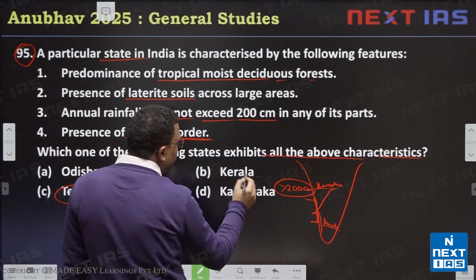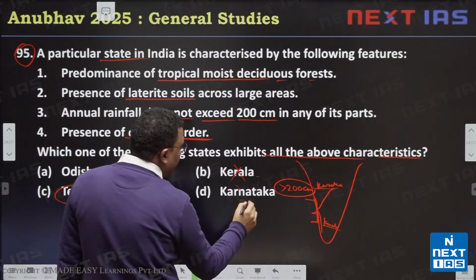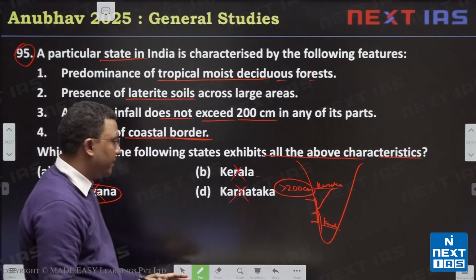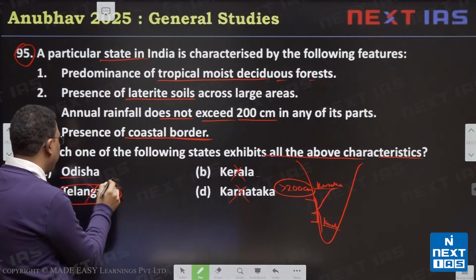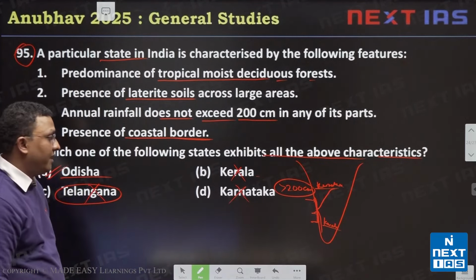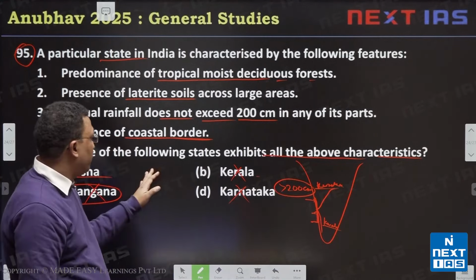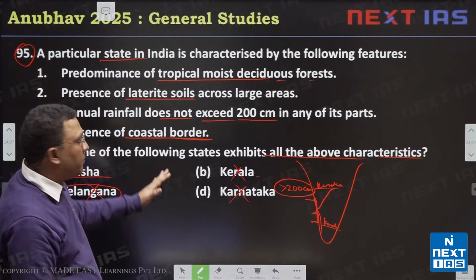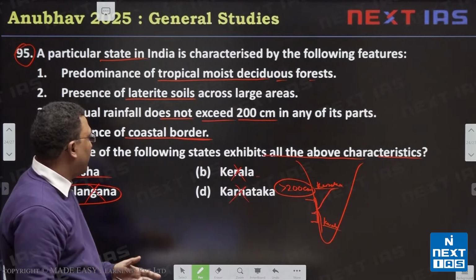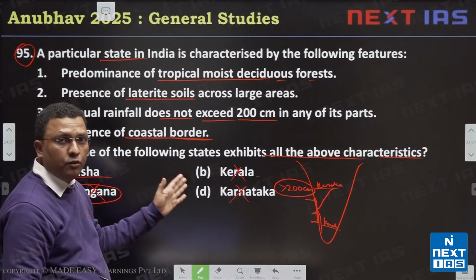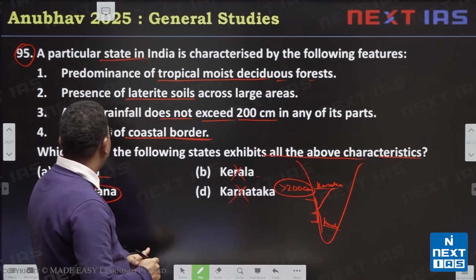So using this feature, Kerala as well as Karnataka also gets eliminated. So the only option left is Odisha. So this will be the correct answer, right? Now the learning that you should draw from this question is that you should sometimes, in fact most of the time, use the elimination method to arrive at the correct answer, right?